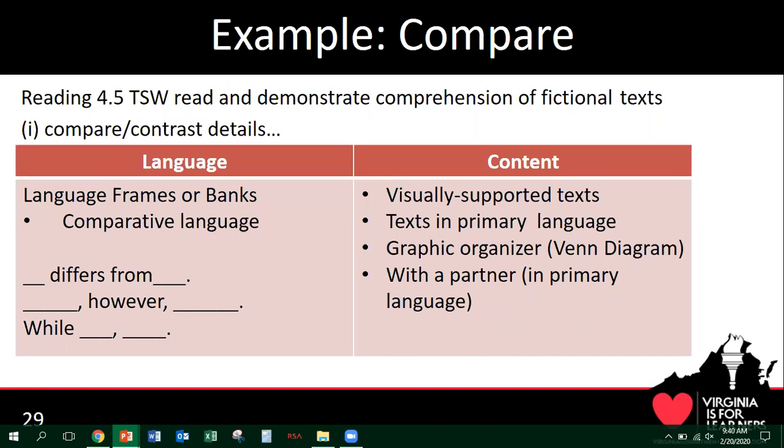And when we create these language frames, we're explicit to students to say, when I use while, I have to have the period after, or the comma after my first statement before beginning the next one. So it's grammar for a purpose or mechanics for a purpose.